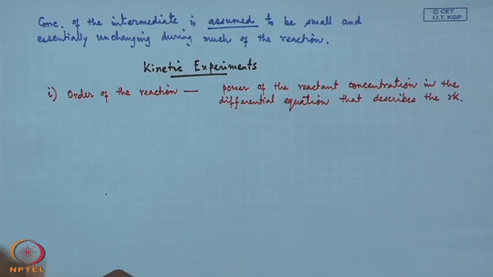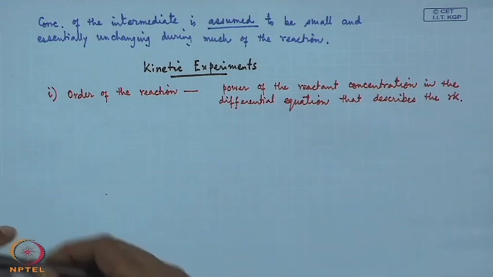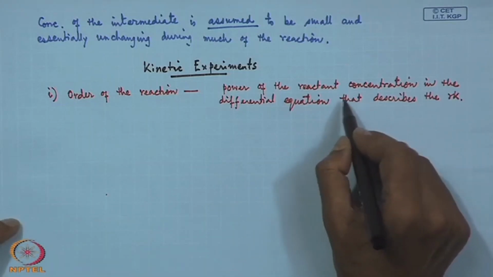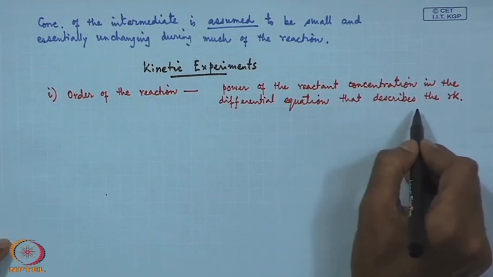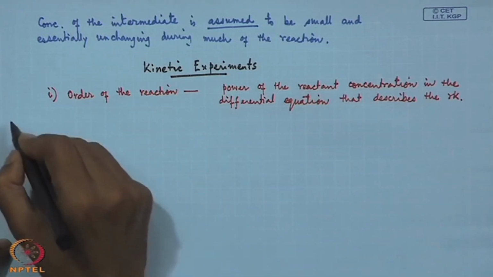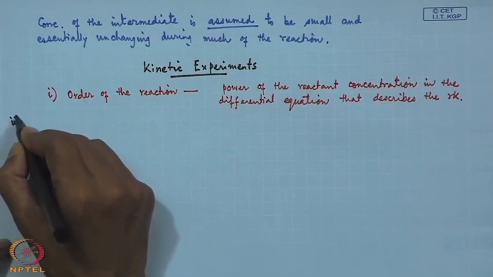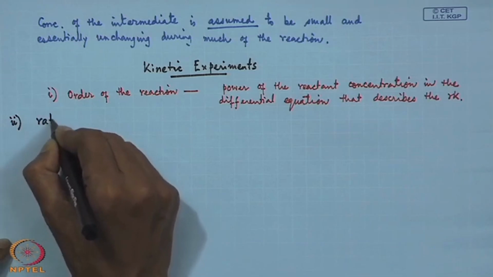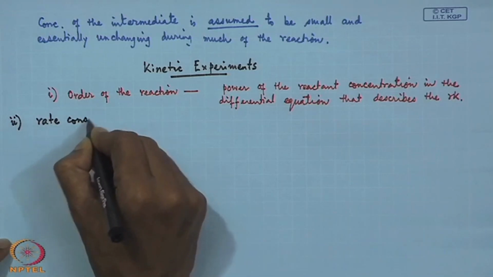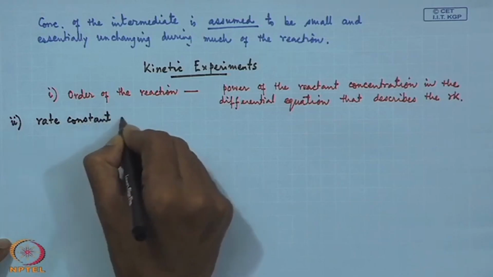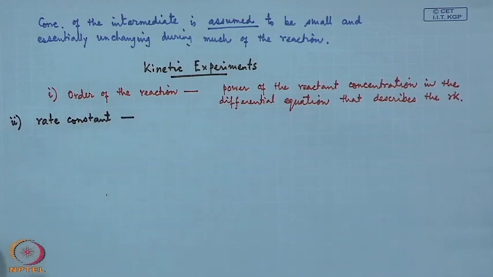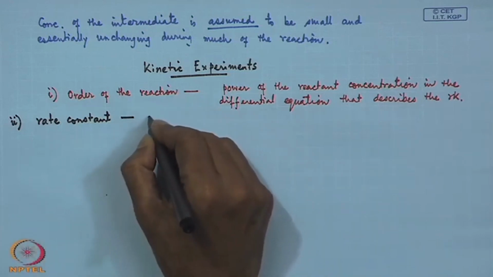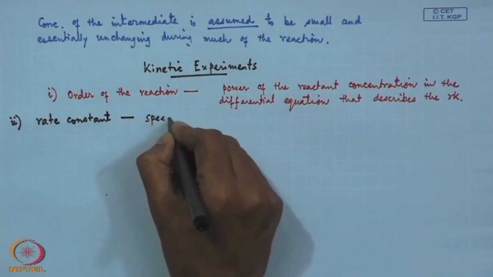If we have some power dependence on the reaction, then how this power is related to the corresponding reactant concentration will tell us the order of the reaction. Then once we know the order of the reaction, we can find out the rate of the reaction or the rate constant we can determine. So, the rate constant tells how quickly the reaction is taking place, that means the speed of the reaction.